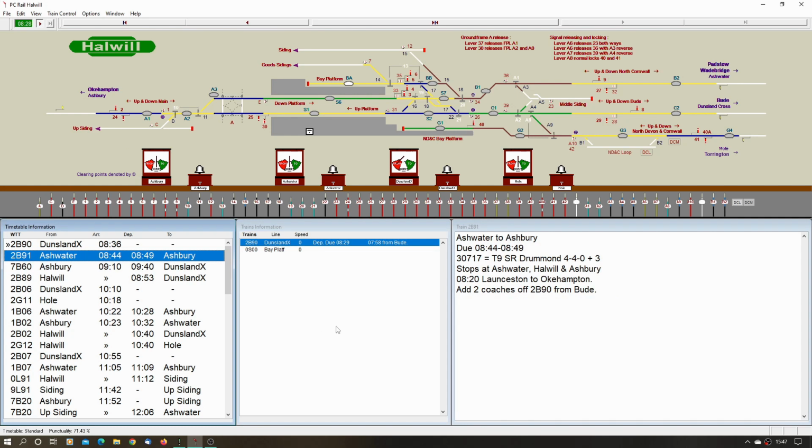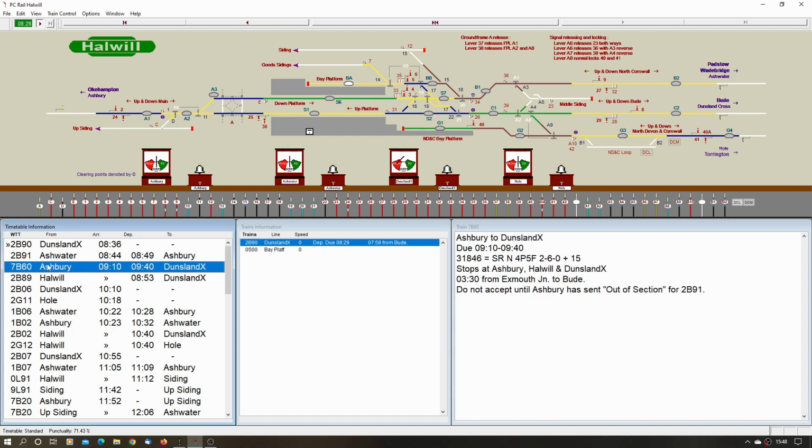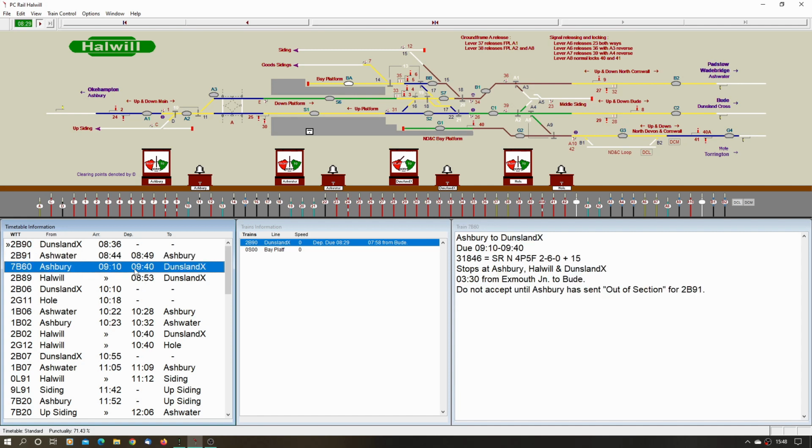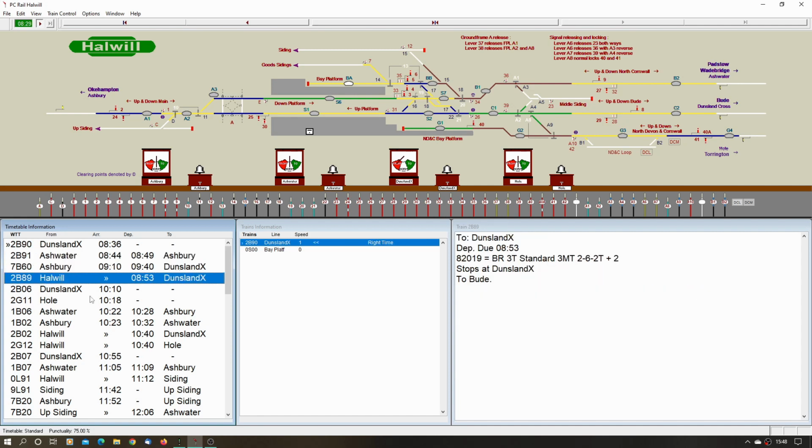That takes about 8 to 9 minutes for those trains. Again you see, it's 44, departs at 49. And remember, we'll get this one offered. 7 Bravo 60, do not accept, until we've got the 2B91 crossing it at Ashbury. And then that's a nice little gap there. We'll finish after that one.